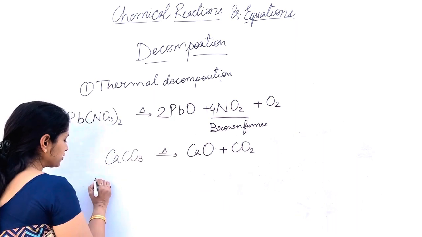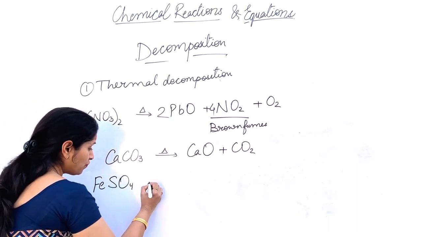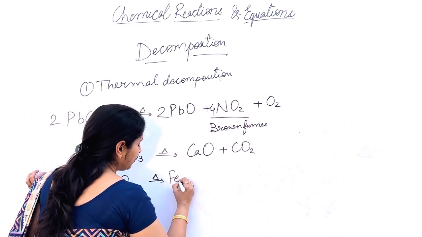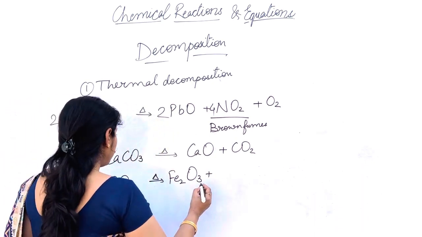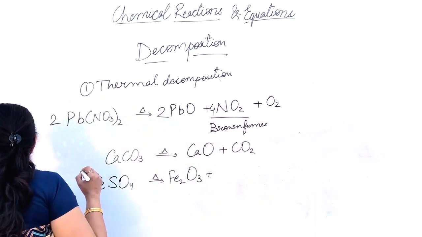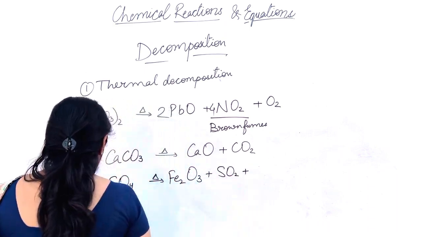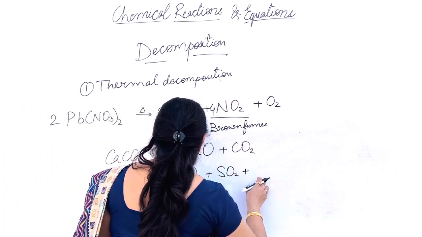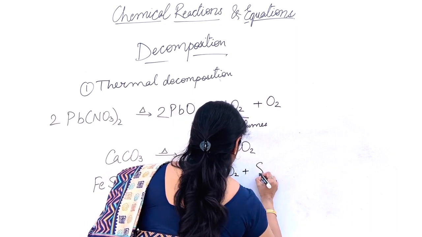Another decomposition reaction is ferrous sulfate, FeSO4. If you take ferrous sulfate and start to heat it, you get ferric oxide, Fe2O3, plus sulfur dioxide gas, and one more product is formed, that is sulfur trioxide gas.